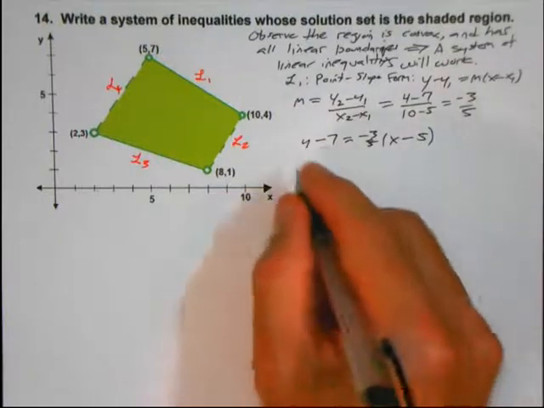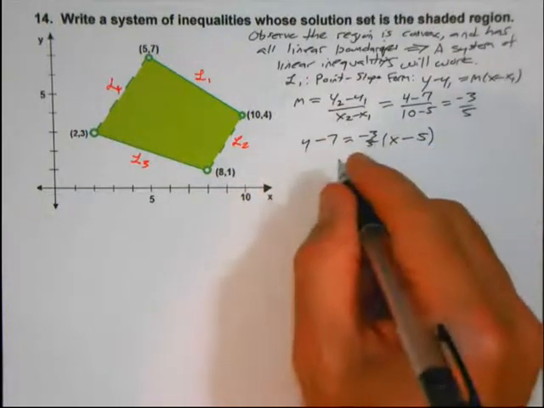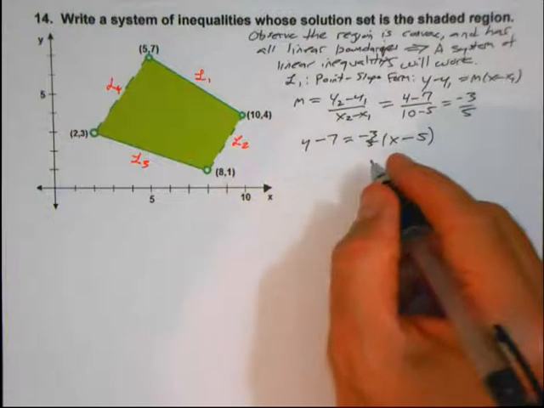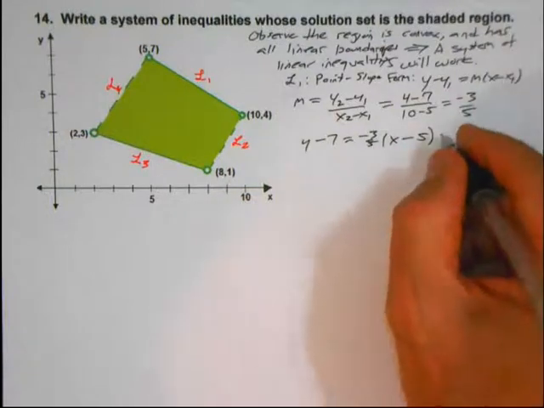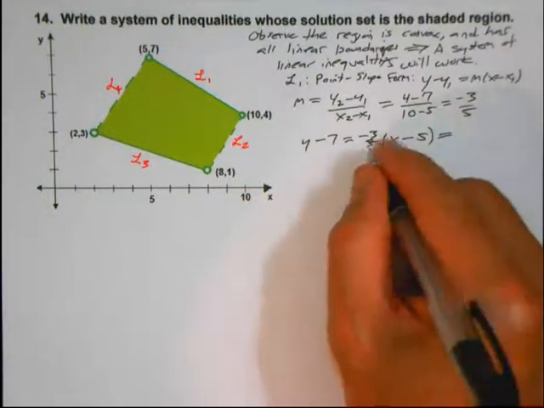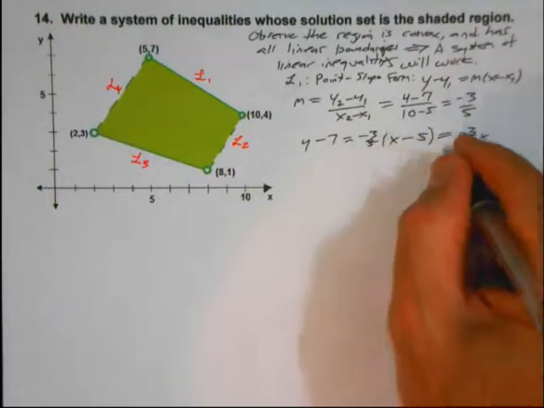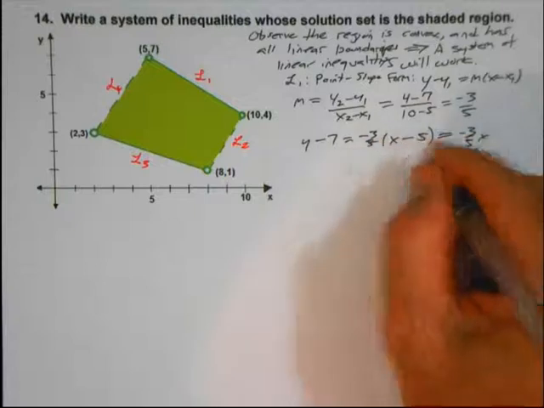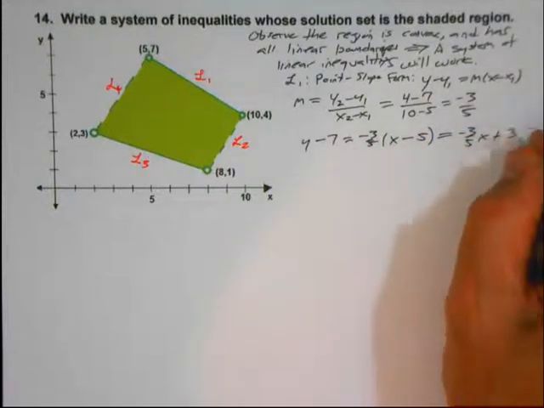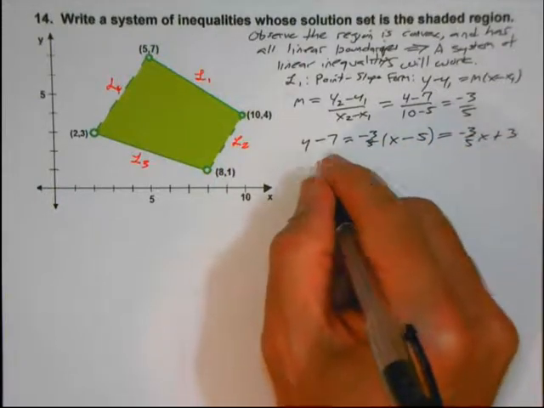Okay, maybe we'd like to have this actually be rewritten in slope-intercept form, and so let's expand here. This is minus 3/5 x, then plus, let's see, 5's cancel, 3. Alright, now we can add 7 to both sides.